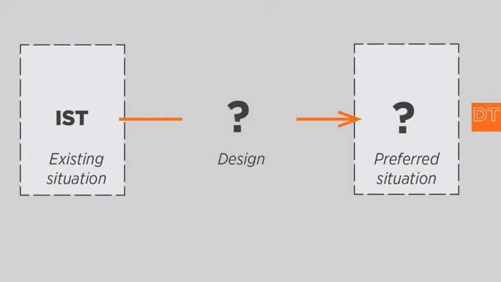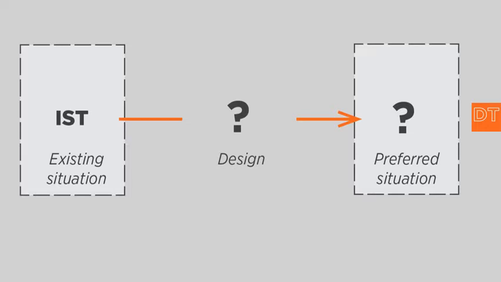If I go back to this very simple design logic of how to get from the existing situation to the preferred situation, actually it looks more like this. We know what the existing situation is, and probably even there we disagree every now and then, but let's face it, there is an existing situation, but we don't know what the preferred situation is.